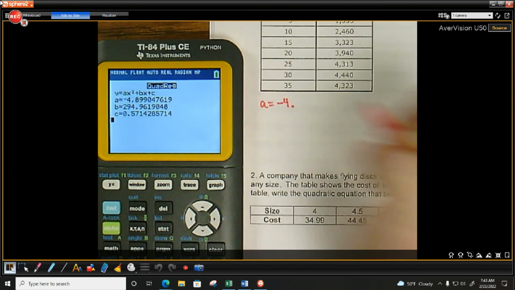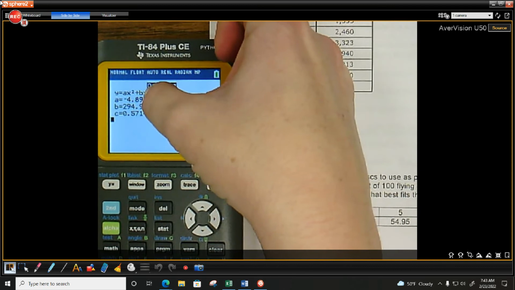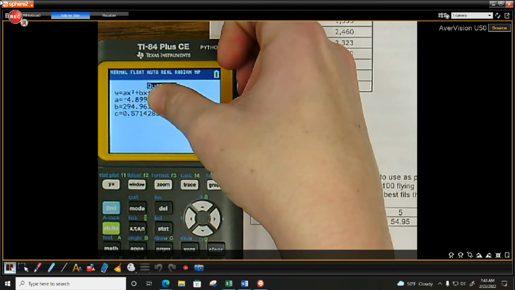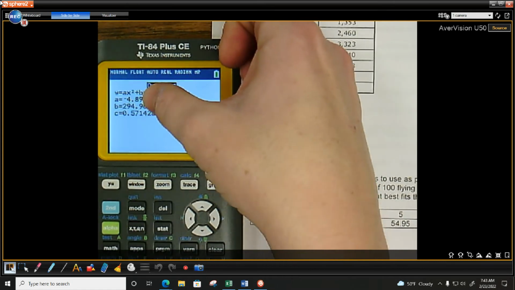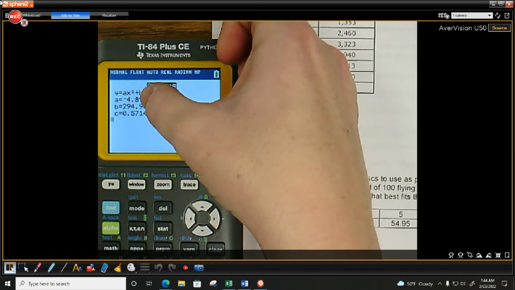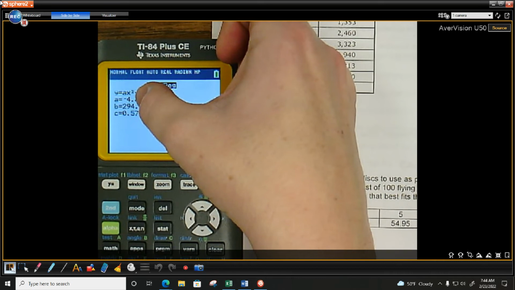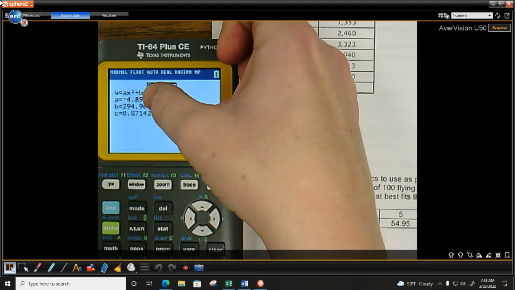Remember, when you're rounding to 2 numbers, you need to look at the third number. The third number's a 9. 9s round things up. What's in front of that third 9? A 9. So if you round a 9 up, it becomes a 10, so the 8's going to become a 9. Your 89 is going to become a 90, okay? So -4.90.